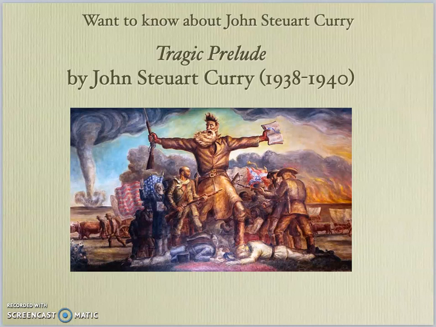Now, if we wanted to know about Bleeding Kansas or John Brown, and those events happened 90 years before this was painted, then this would be a secondary source. But because we want to know about the artist, this would be a primary source because we are studying the artist who created it.